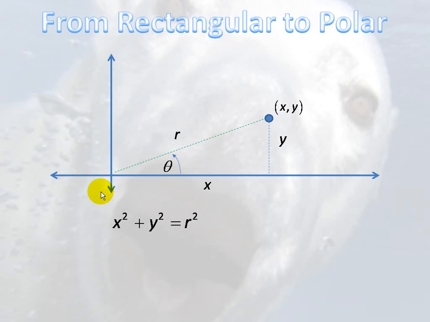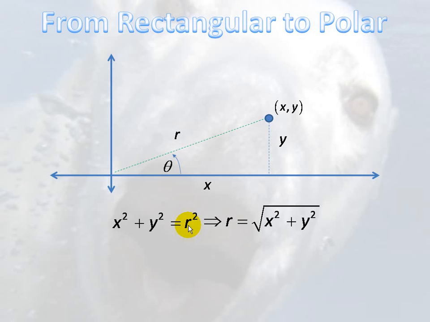Now, first of all, the Pythagorean theorem tells us that x squared plus y squared equals r squared, because this is a right triangle. So notice right away we have a relationship with the x, y, and the r. We take the square root and we get r is equal to the square root of x squared plus y squared. So that tells us that if we know the x and the y coordinates, we can find the r coordinate.